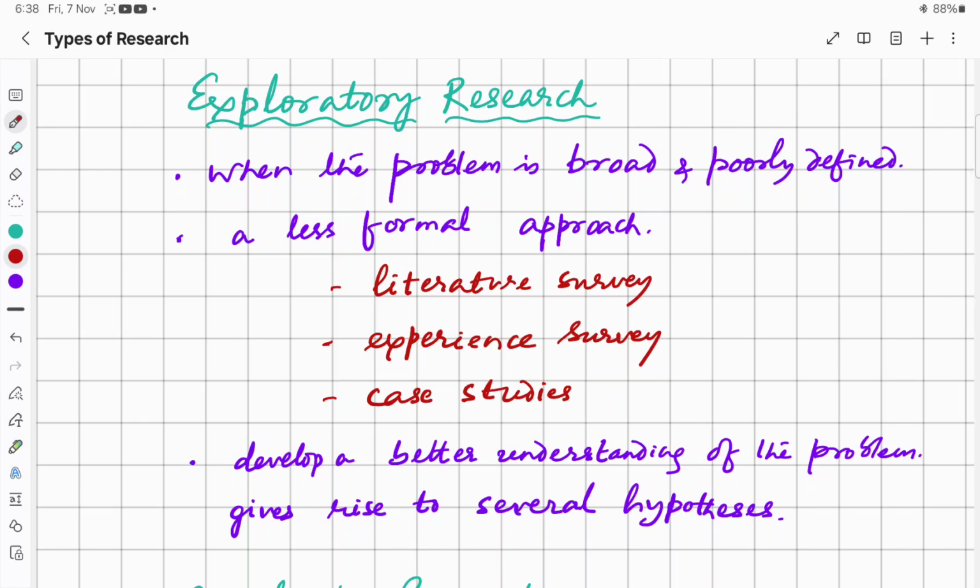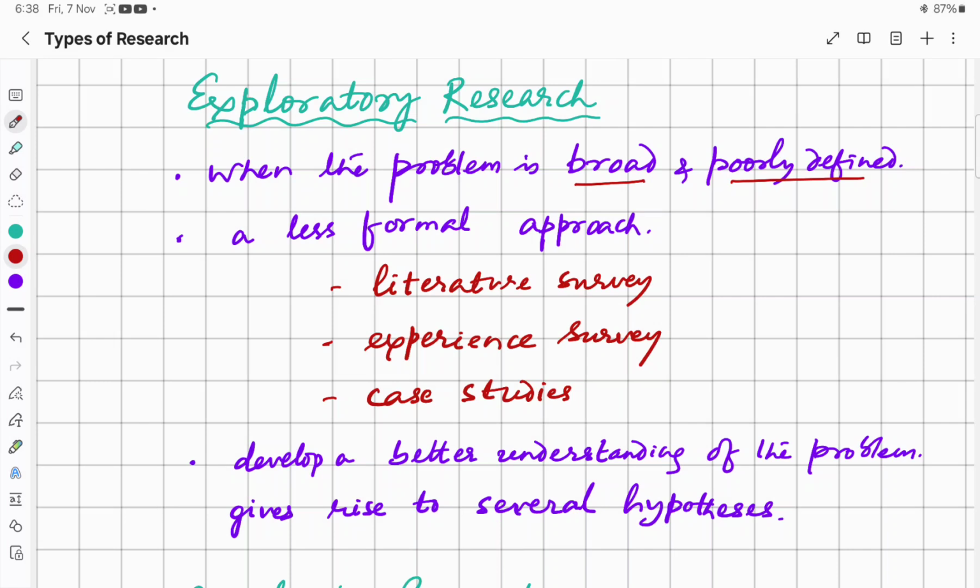The researcher opts for exploratory research when the problem is broad and poorly defined. Exploratory research uses a less formal approach. It pursues several possibilities simultaneously, and in a sense, it is not quite sure of its objectives.